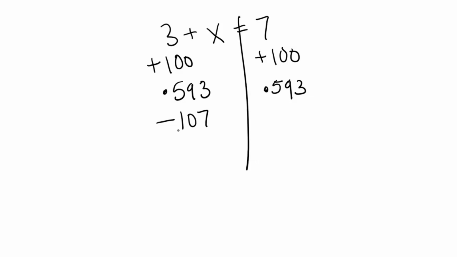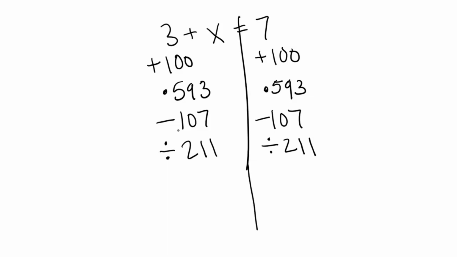I just have to subtract 107 on the other side. Or let's just do one more. Let's add a division in there. If I want to divide by, let's see, what's a good number? 211. If I wanted to do that, I could. I just have to divide by 211 on the other side.